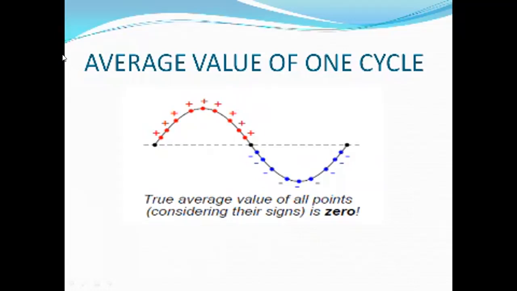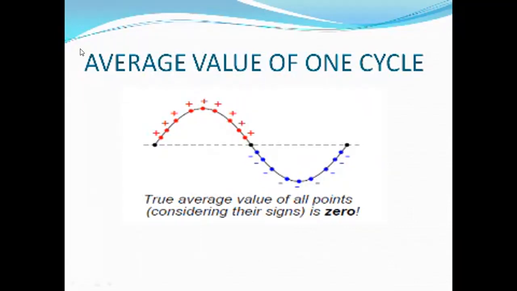We know the instantaneous values of the positive half cycle at each instant of time have a positive value, and the instantaneous values of the negative half cycle at each instant of time have a negative value. If we take the average of these positive and negative values, we will get 0 if we consider the sign. So the average value of a sinusoidal signal is always found for only the positive half cycle.